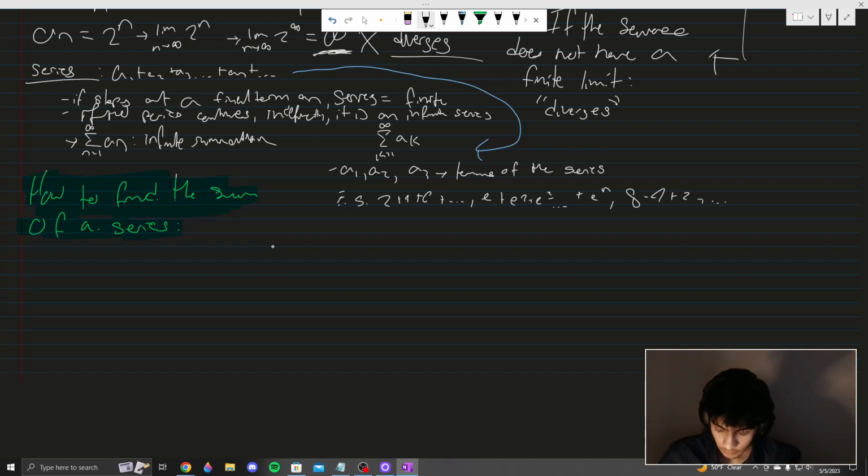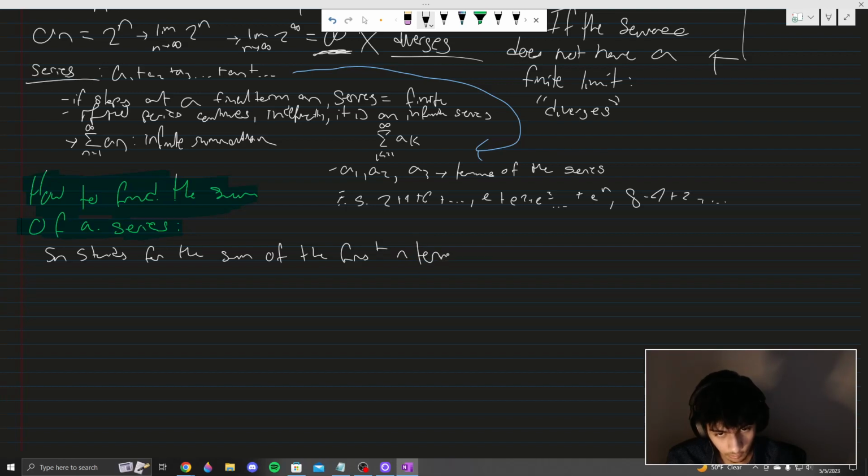Okay, so let's look at how to find the sum of a series. Let S sub n stand for the sum of the first n terms of the series.